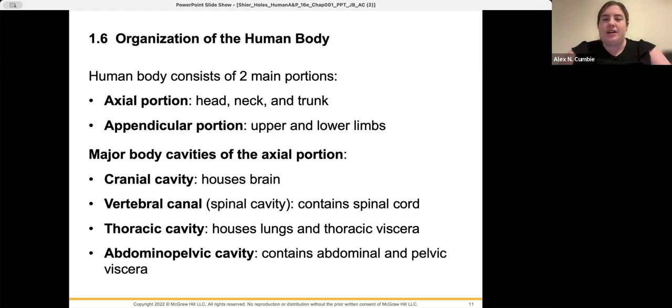So your thoracic viscera includes the lungs, it includes the heart, and it can include any other structures that kind of make their way into that cavity, like say the stomach or part of the liver. And then when we get lower into our abdominal pelvic cavity, there's not as many bones there that actually protect this cavity. It's very open and exposed, but it is going to contain all of our abdominal and pelvic organs, or what we would call viscera.